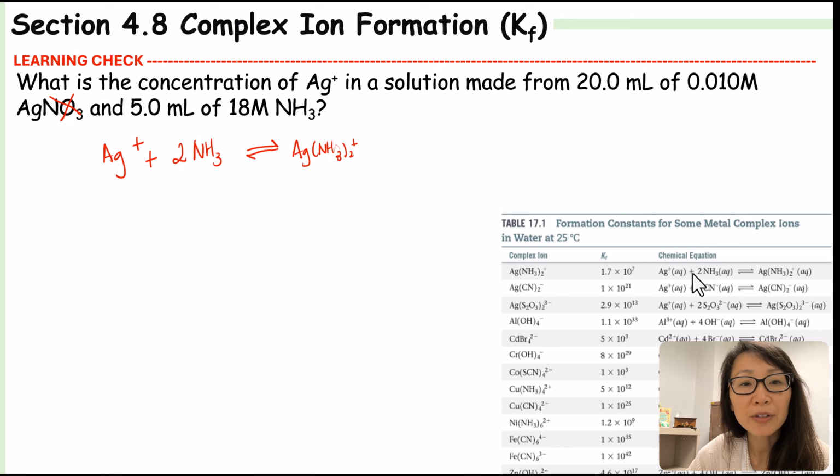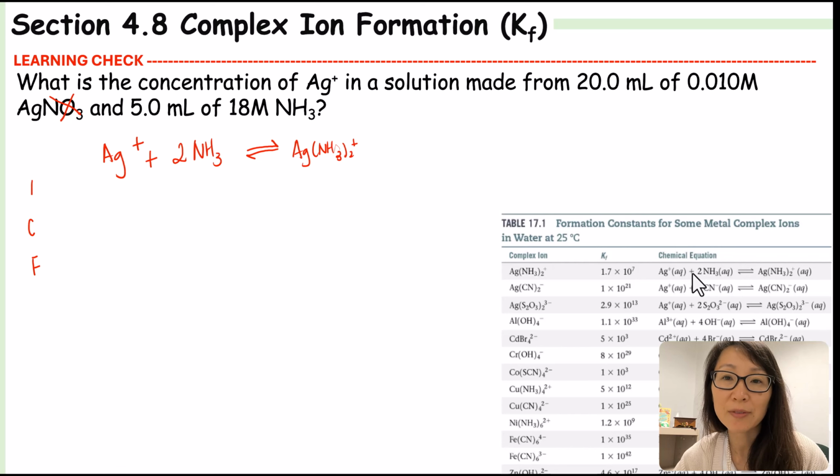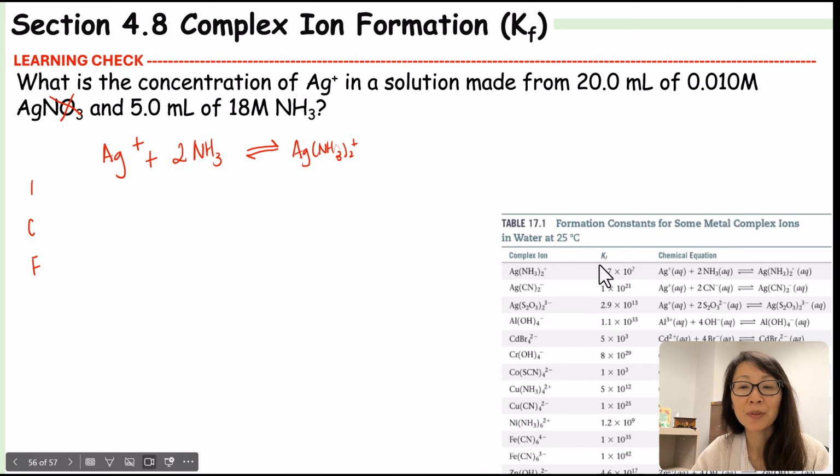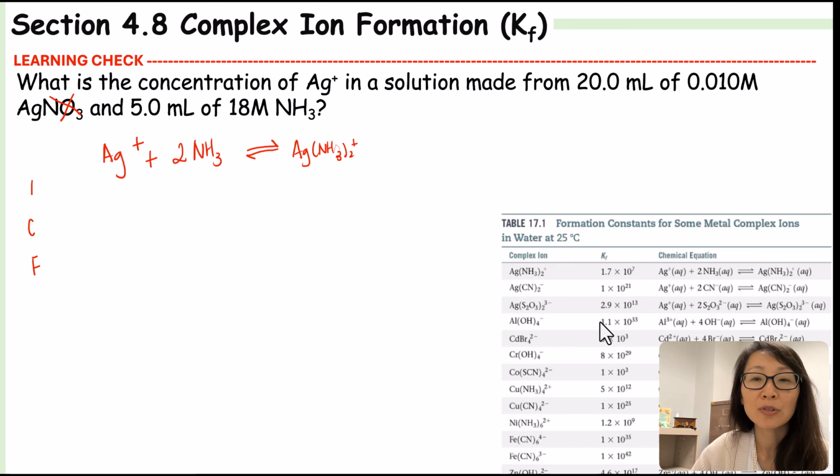All right, you'll notice that we have this equation, and we're going to use the ICF table. The reason we use the ICF table is because we want to work with millimoles, and second, because it's as if the reaction goes all the way to completion. If you look at the Kf values, they are quite high; in fact, all of these are really, really high. Okay, now let's go ahead and solve for millimoles for all of these.